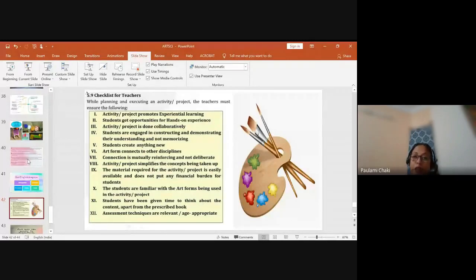The students should be familiar with the art forms, and if they are not familiar, we can always take help of our teachers. Then students should be given time to think. Once we give an activity, we need to give a fair amount of time as per the activity, and then we can collect it back. And if we are using it for assessment, then the assessment techniques should be relevant and age appropriate.